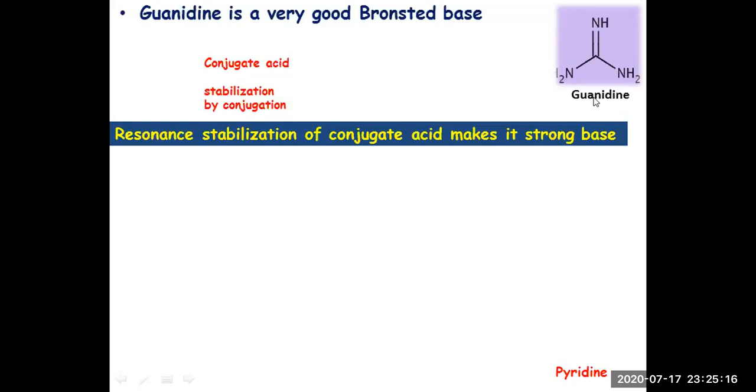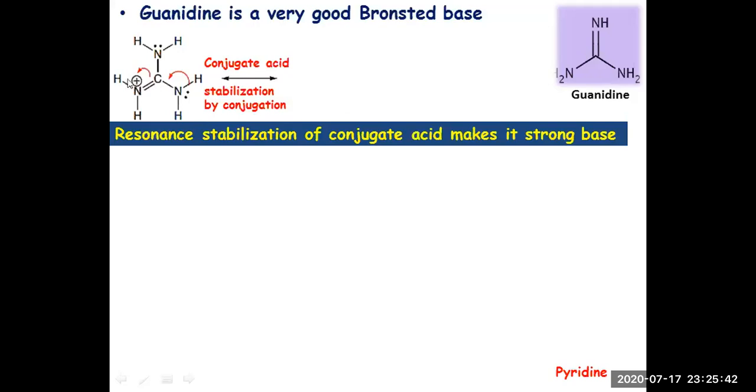For example, guanidine is a strong base. You can see in guanidine we have three nitrogen atoms. One is attached to sp2 carbon and the remaining two are attached as NH2. Each nitrogen has a lone pair of electrons, and after protonation, the conjugate acid formed from guanidine is highly stable.